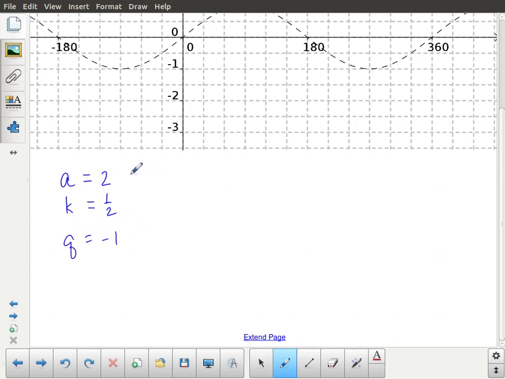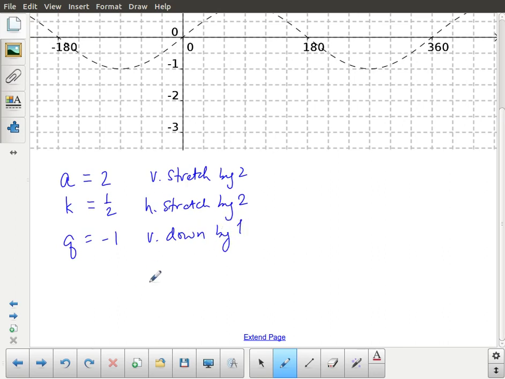The A value of 2, it's +2, so this would be a vertical stretch by 2. The K value, this would be a horizontal stretch by 2. And this is a shift down by 1.